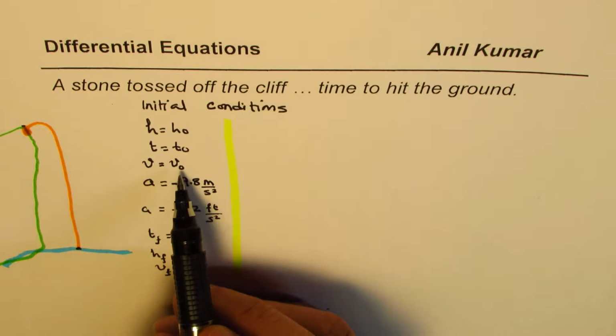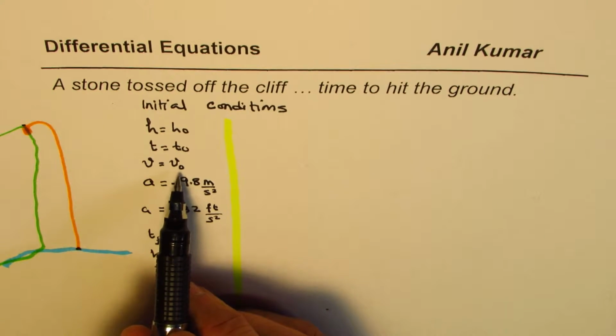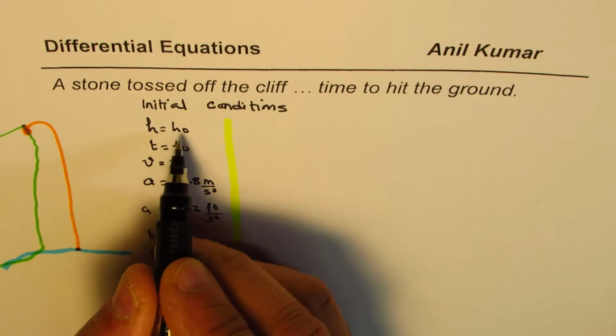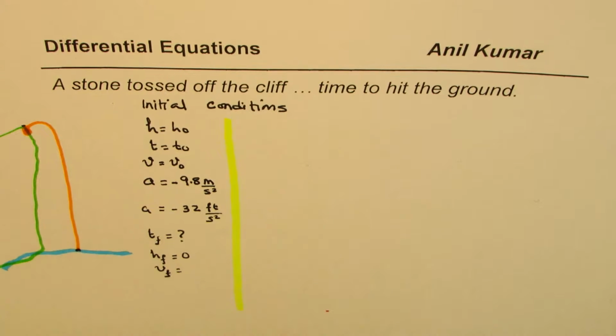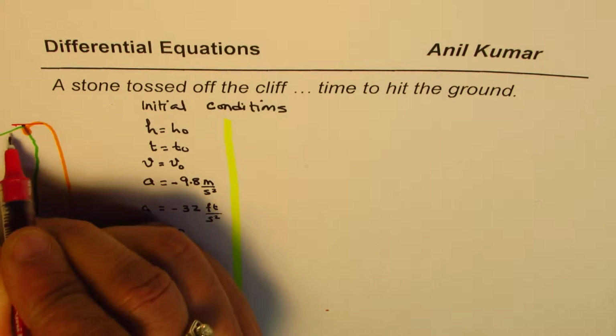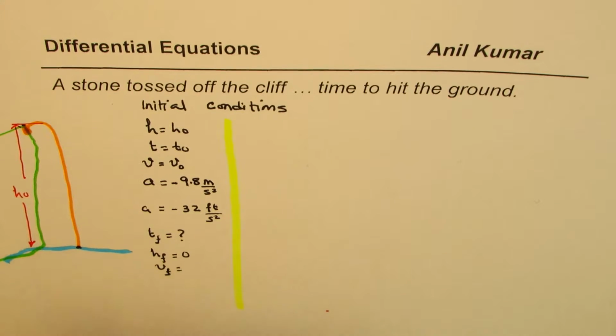So depending on that, the velocity could be positive, negative, or 0. But in this case, we'll keep it v0, just a general thing. Height h0 is actually the height of the mountain, or rather the height of the cliff, the place from where it has been dropped. So this is the height we are talking about, height of the cliff.